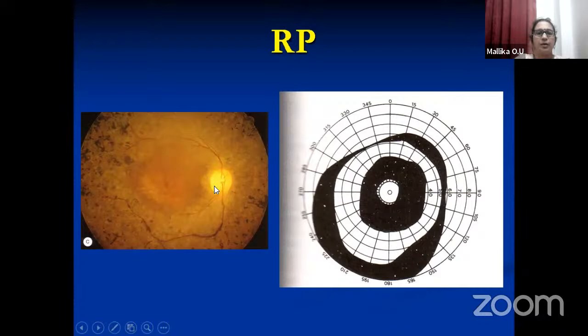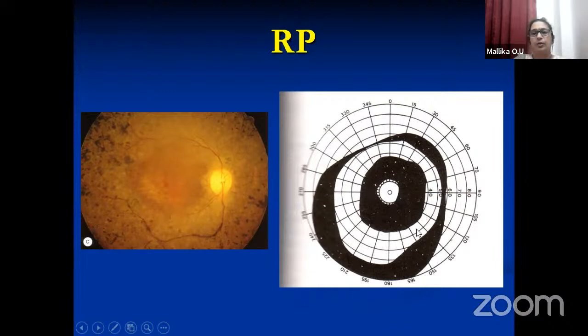You can color it with a yellow pencil and mark it as yellowish waxy pallor. You can draw red colored blood vessels as thin ones and mark them as attenuation of the blood vessels. And you can draw black colored spidery, bone corpuscle-like pictures and mark them as bone corpuscles. So this is the classical triad.